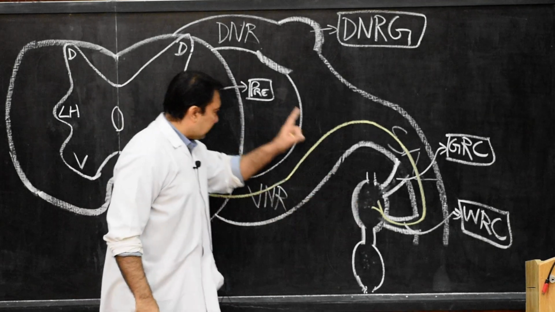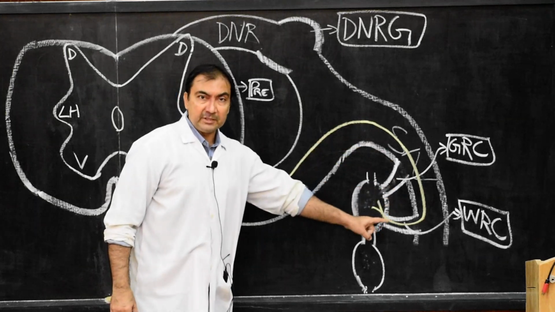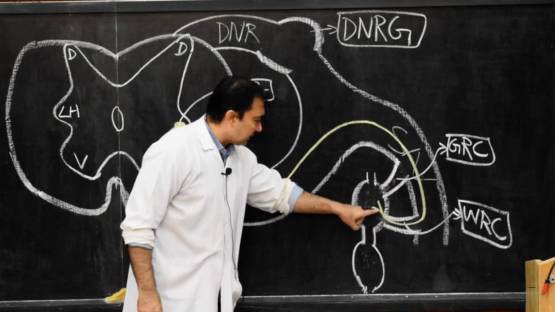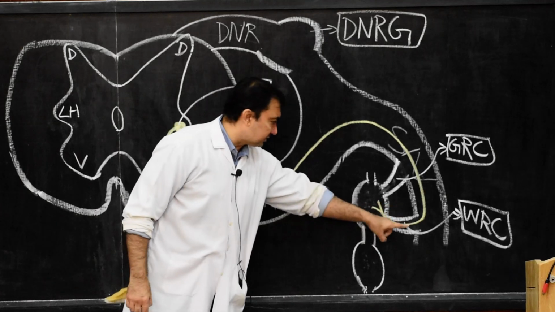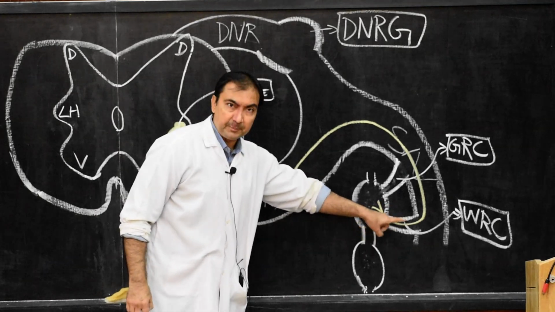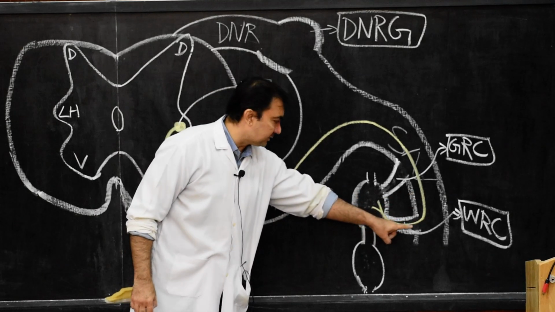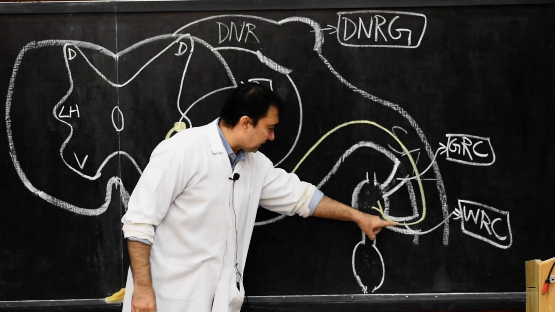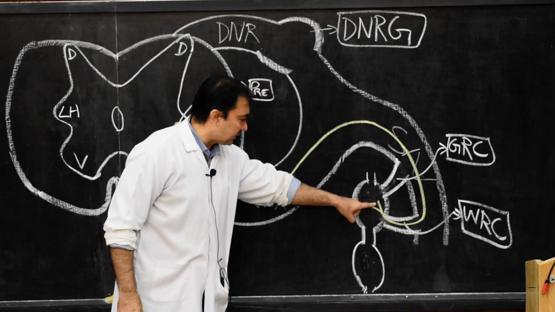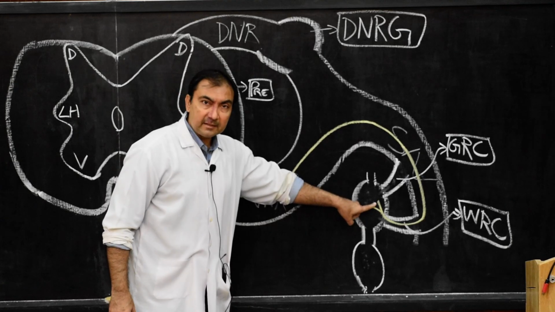Remember this is the preganglionic pathway, and the white ramus communicans is preganglionic. So it passes through the white ramus communicans into that particular level lateral ganglia.